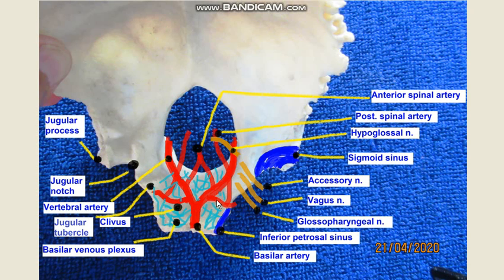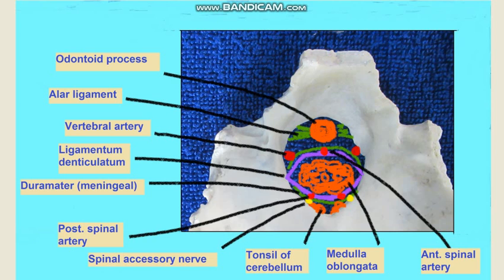We will just go into a brief discussion of the foramen magnum itself. So here you have a picture of the foramen magnum, and it has an anterior part and a posterior part. In the anterior part you can make out the odontoid process and the alar ligaments, and there are some structures passing between this anterior margin and the odontoid process and dropping down onto the basilar part of the occipital bone over here.